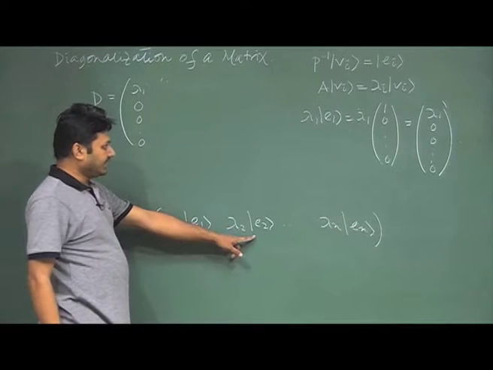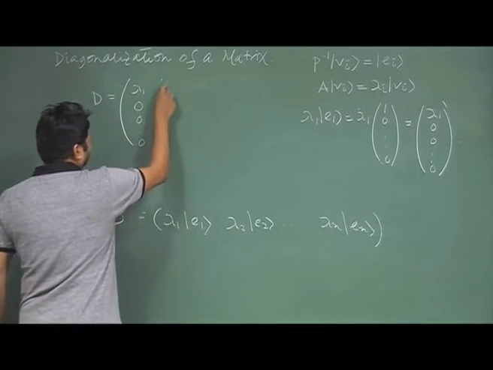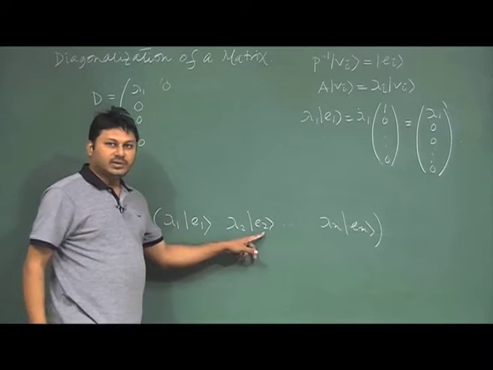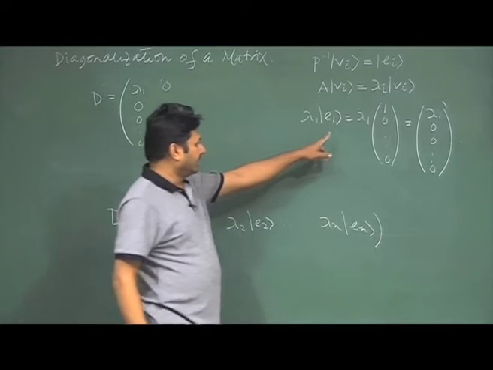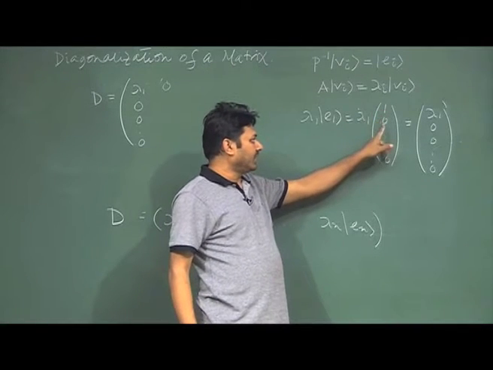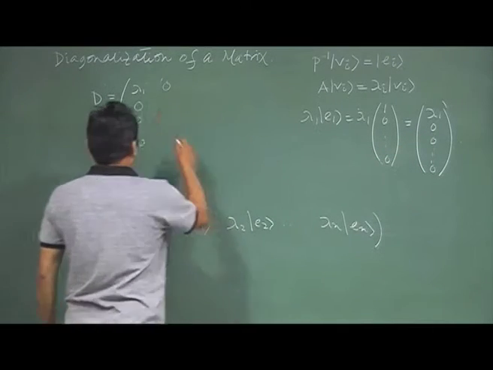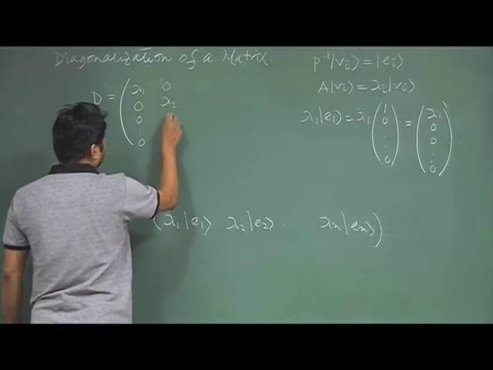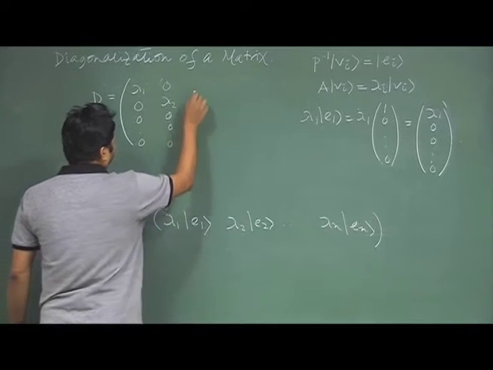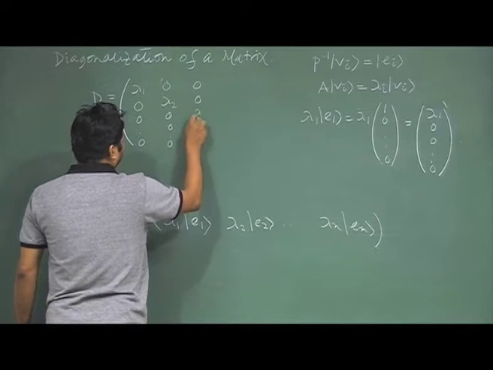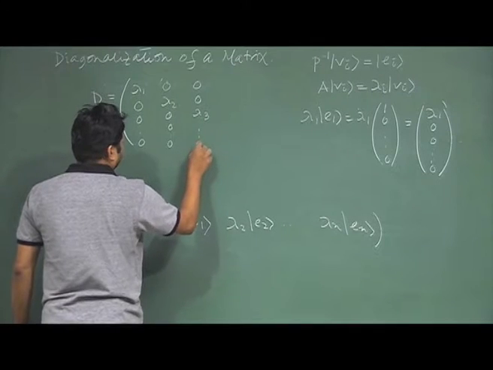What about the second one? In the second case, the first term will be 0, E2 is here. So instead of having 1 here, I have 1 here. So lambda 2 will be placed here, and so on.